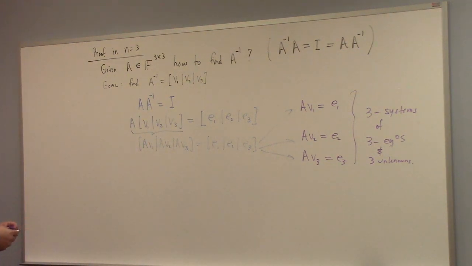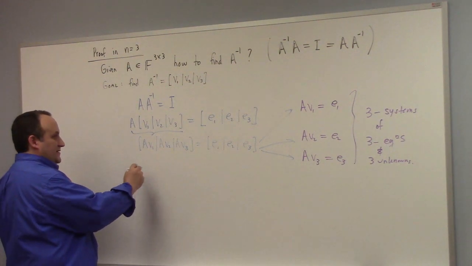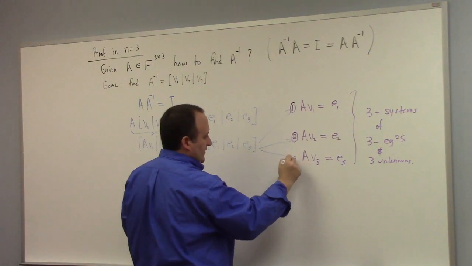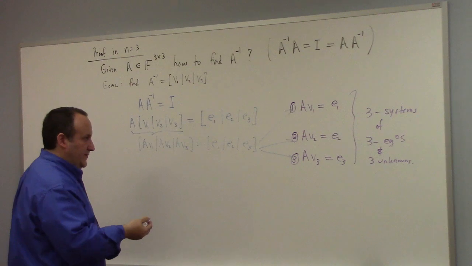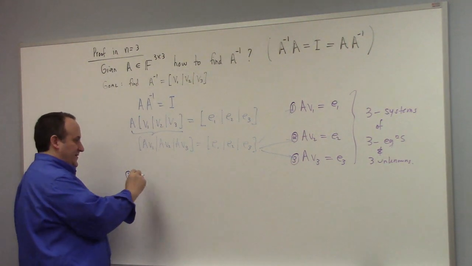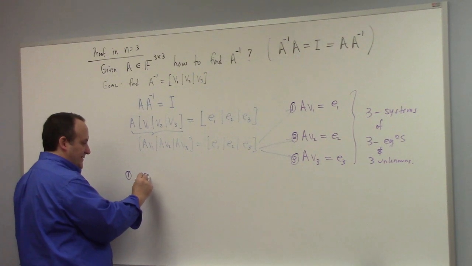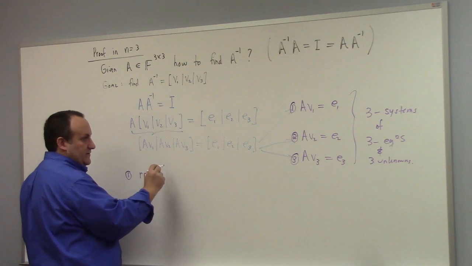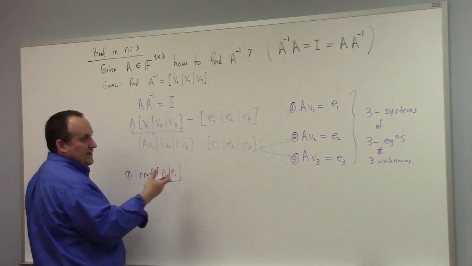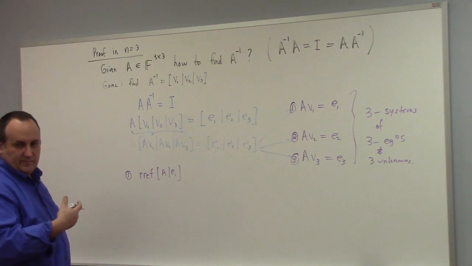So how do you solve these? In a matrix. Let me call these number 1, 2, 3. If I was super slick, I would dispense with this very quickly, but I'll try to be a little bit less slick. So we look at the reduced echelon form of A with E1 concatenated, because E1 is the inhomogeneous term in the first system.